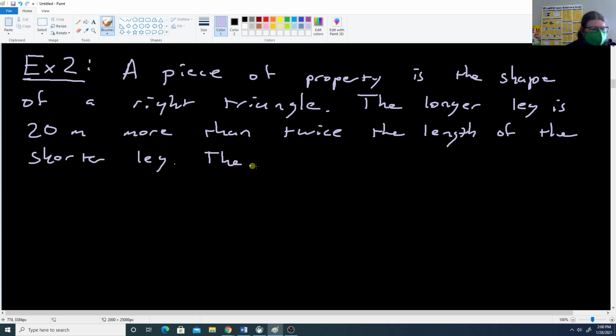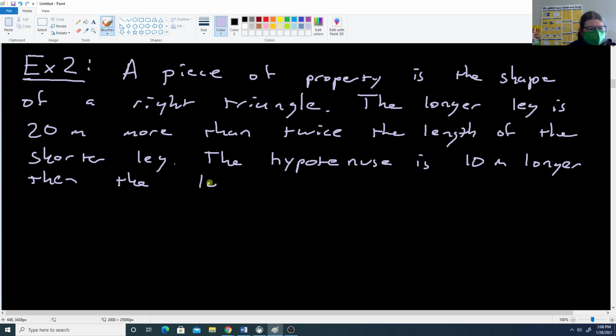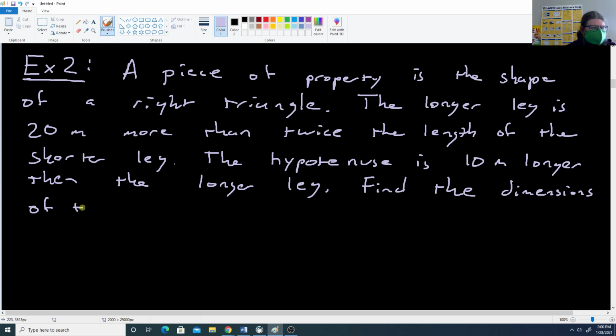And the hypotenuse is 10 meters longer than the longer leg. And we want to find the dimensions of the lot. Or I guess we could say the property.